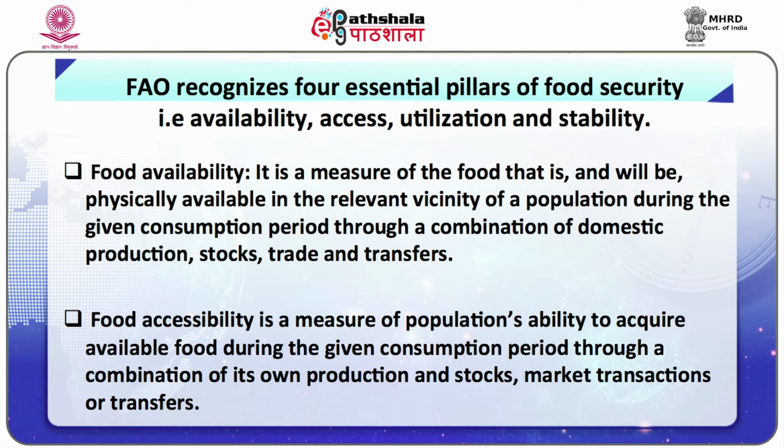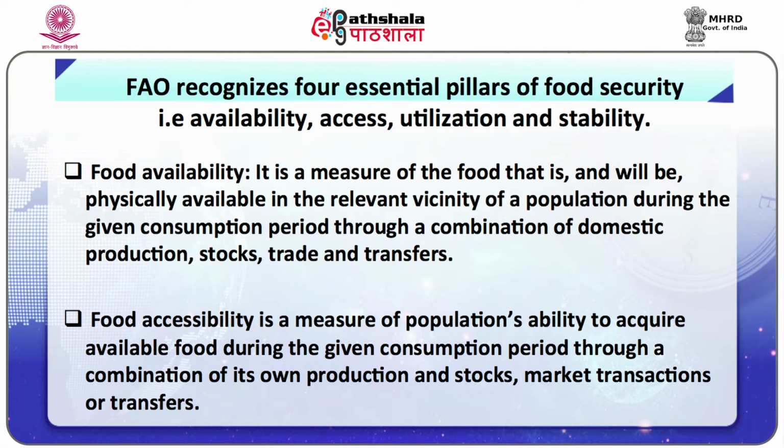Food availability is a measure of the food that is and will be physically available in the relevant vicinity of the population during the given consumption period through a combination of domestic production, stocks, trade and transfers.